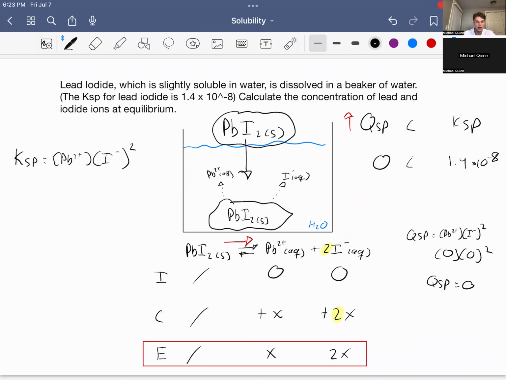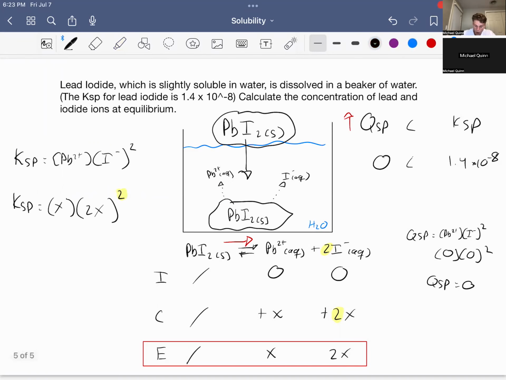So filling in what we have at equilibrium for lead, we can fill in X. So Ksp is going to be equal to X times, and for iodide, this is going to be 2X squared. So all I did was fill in lead with X and fill in iodide with 2X. And remember to keep this squared.